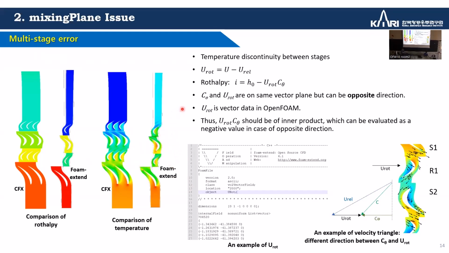The reason is that the rotary definition, U theta and U rotation, are on the same vector plane, but they can be in opposite directions. The example is like this one. The rotation is going to the right side, but the real absolute velocity goes to the left side, and this multiplication makes a negative value.